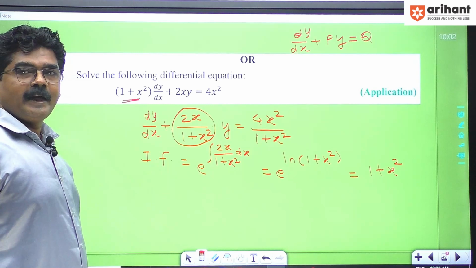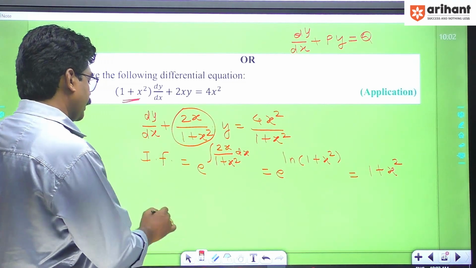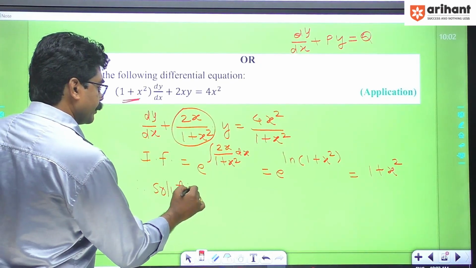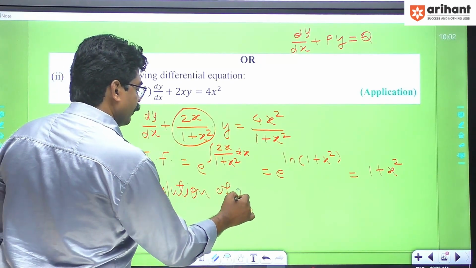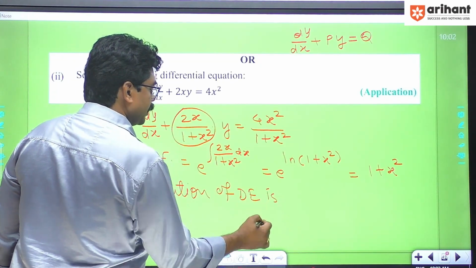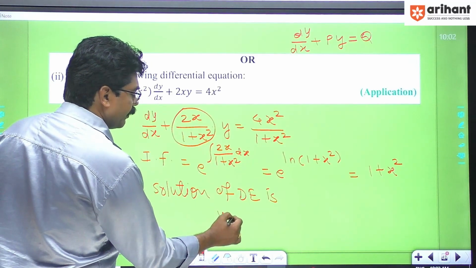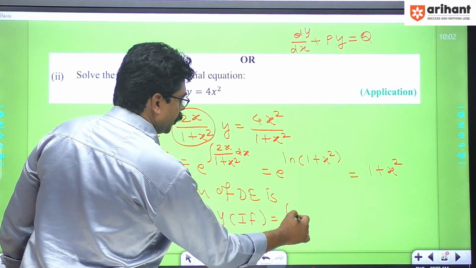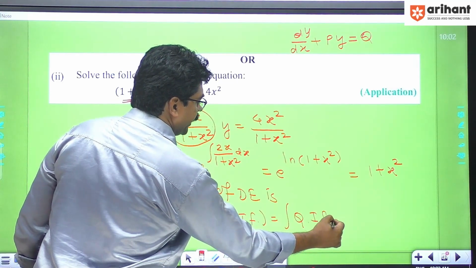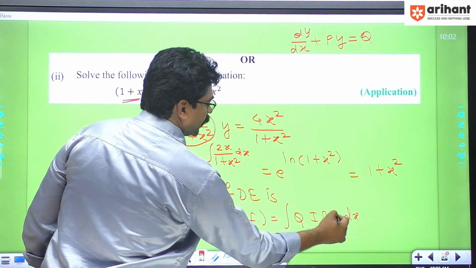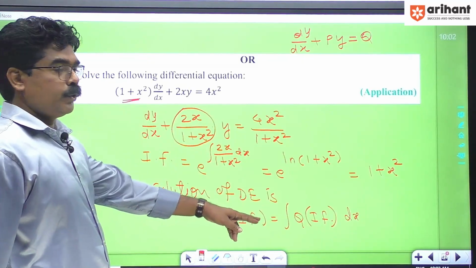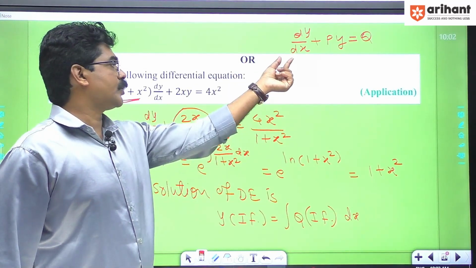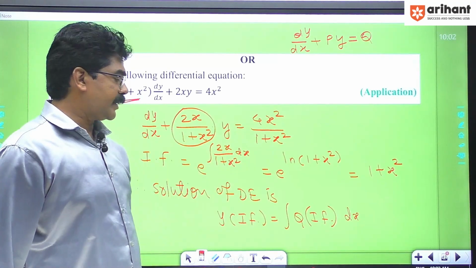And after getting integrating factor, try for solution of differential equation. Therefore solution of differential equation is y into integrating factor equal to integral of Q into integrating factor dx. Okay, at the place of Q, if you compare this equation with this differential equation, it is 4x square by 1 plus x square.